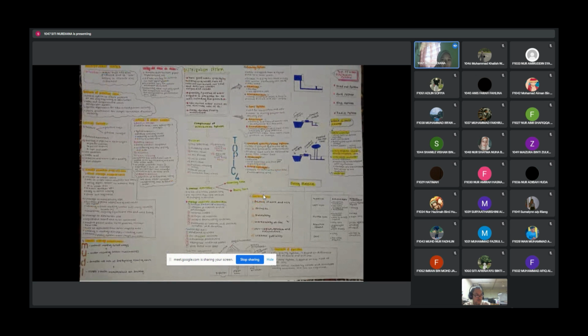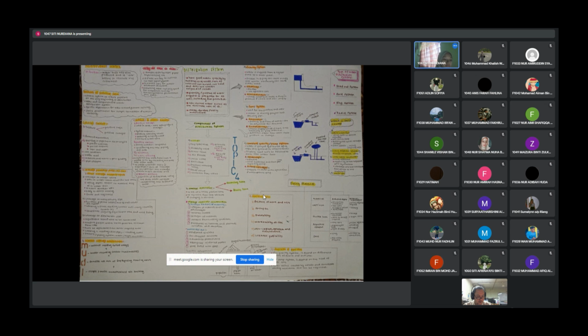So we move to topic 4. For topic 4, there is the distribution system. There are 3: gravity system, pump system, and combined gravity and pump system. And then there is piping material, which is selection factors and selection of pipe size, and there are advantages and disadvantages.